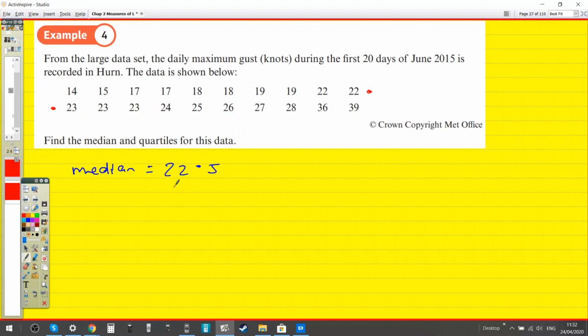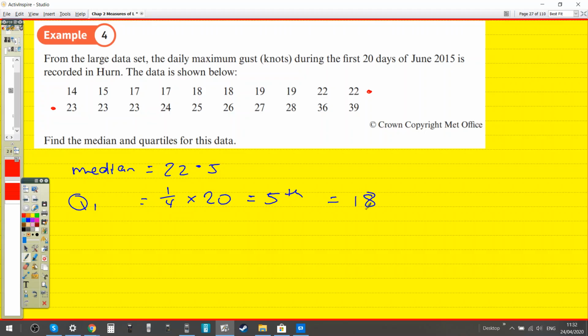How about the lower quartile? Do I need to do 10.5 divided by two or something? You would have to do 1/4 of 20. So is that the fifth position? Yeah, so 18.